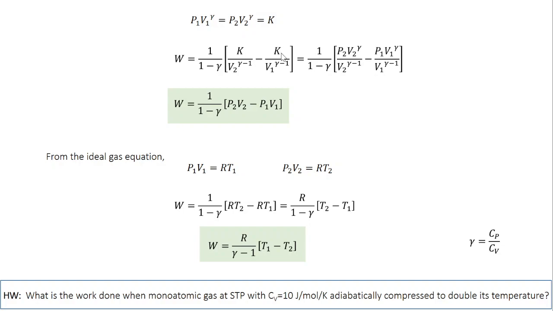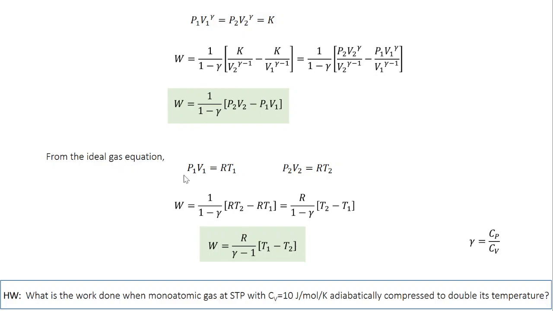Similarly, instead of the second K, you can write P1 V1 to the power gamma. So you have terms involving V2 on both numerator and denominator. You can cancel that. So you are left with 1 divided by 1 minus gamma into P2 V2 minus P1 V1.